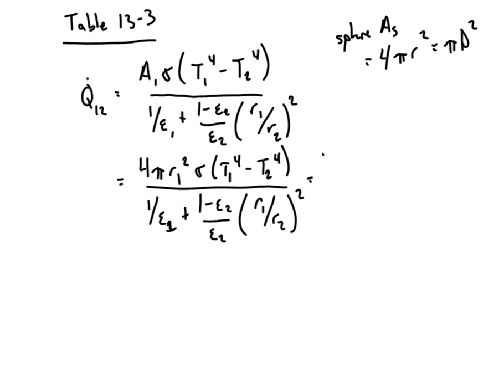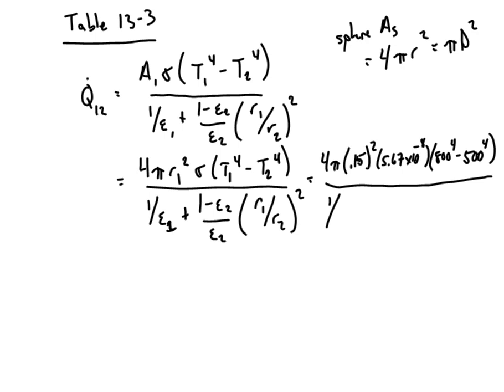Okay, plug in. We have 4 times pi. R1 is going to equal 0.15. Square that. Sigma 5.67 times 10 to the minus 8. T1 is 800 to the 4 minus T2 500 to the 4, and we will divide that by 1 over emissivity 1, 0.5, plus (1 minus 0.7) divided by 0.7 times (0.15 divided by 0.3) squared.